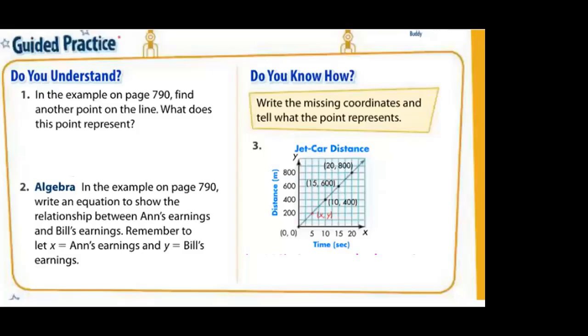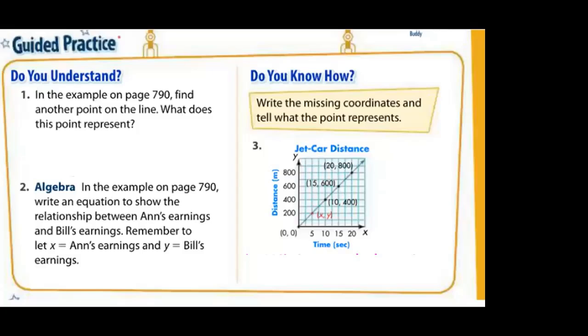And answer the question: What does this point represent? Try to plot a point. Try to get a point on the line, sure, on the line, because we are going to answer according to the relationship found on the graph on page 790. So put a point and answer the question. What does this point represent?